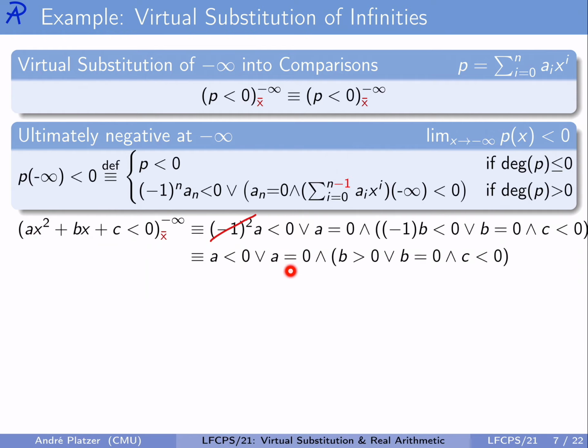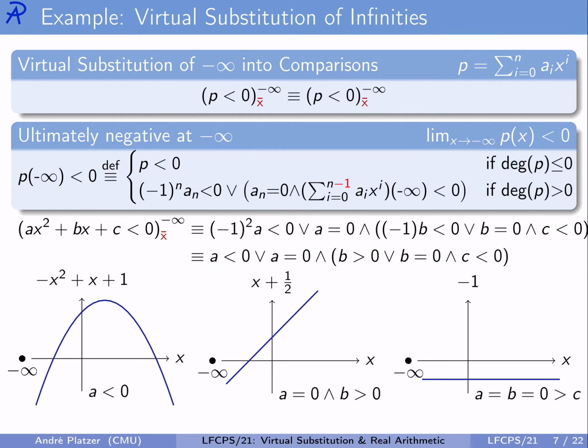If a is 0, then we ask whether b itself is positive, because plugging minus infinity in for x will be a negative number. If we multiply it with a positive number, it will also ultimately be negative. Or if that still didn't give us a sign, then we ask c itself. If the constant is negative and the other coefficients were 0, then of course also at minus infinity it will be negative. And that just corresponds to the cases down here.